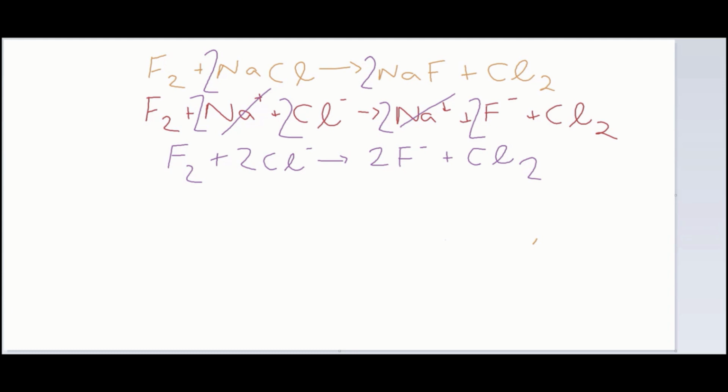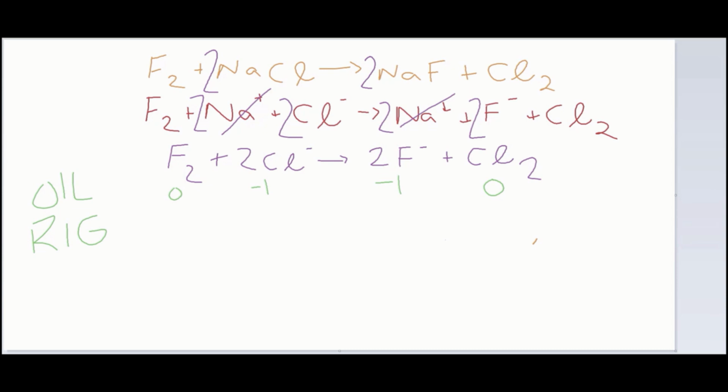For oxidation numbers, the oxidation number of fluoride is 0. The oxidation number of chloride is -1, -1, 0. So remember OIL RIG: oxidation is loss, reduction is gain. So what is losing electrons?